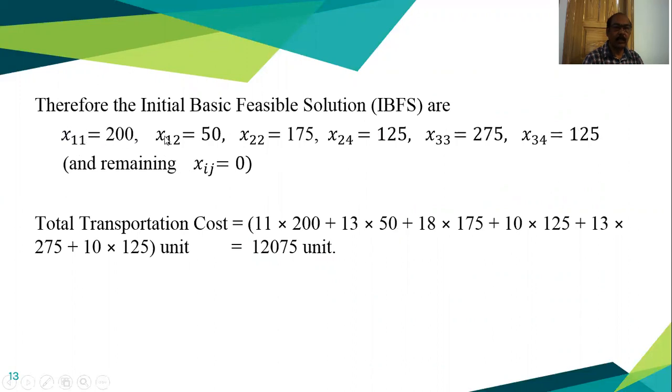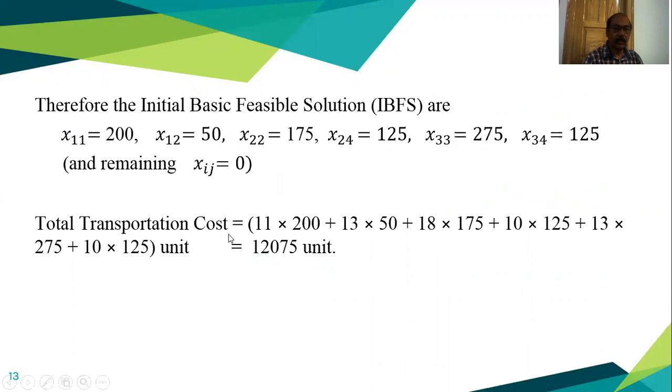X11 is equal to 200, X12 is equal to 50, X22 is equal to 175, X24 is equal to 125, X33 is equal to 275, X34 is equal to 125, and the remaining Xij is equal to 0.